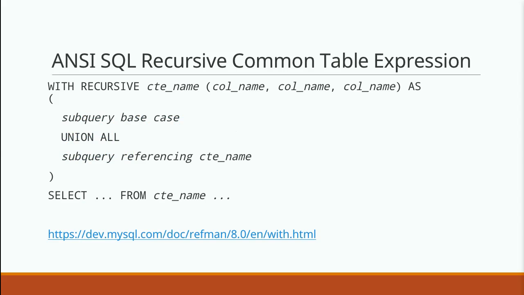So what does this syntax look like? It uses the common table expression syntax that begins with a WITH keyword, and you can define what I sometimes call an inline view. You can define a query that then can be used in your real query. The syntax begins to look like a view definition, where you give the column names that you want to include in that view, and you say AS, which also looks like a CREATE VIEW statement.